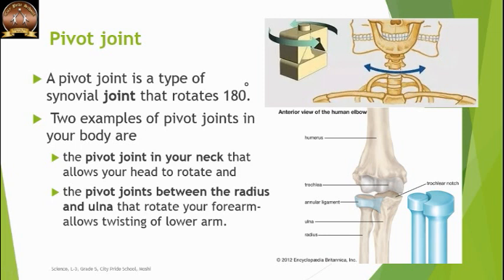The pivot joints are also found between the radius and the ulna of the lower arm. Note that it is only the ulna which is attached to the humerus. The radius, which is a thinner bone, is attached to the ulna by a ligament which forms a ring-like structure that holds the radius to it.